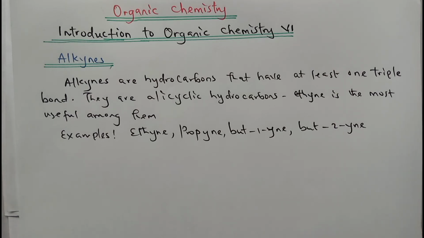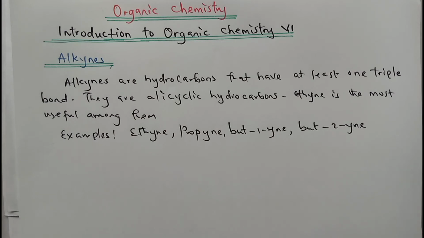I know you may be expecting me to go for the naming of the alkynes. I'm sorry to disappoint you that I'm not going to do that in this video, because the same method we use in naming alkenes, you can also apply there. The only difference is that you substitute the ene with yne.